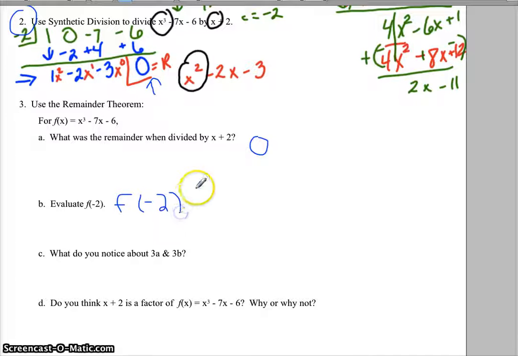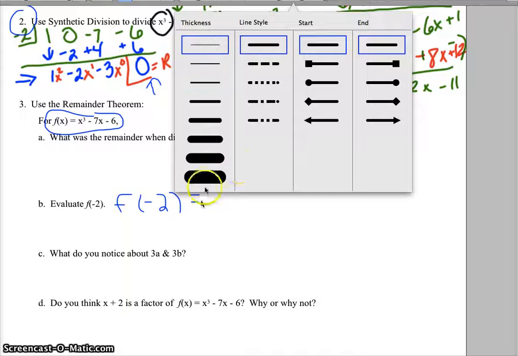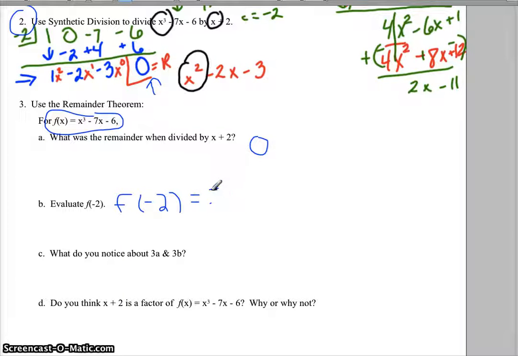Okay, so let's see. When we plug negative 2 into our function, we should have negative 2 cubed minus 7 times negative 2 minus 6.